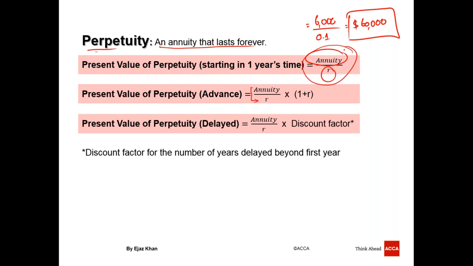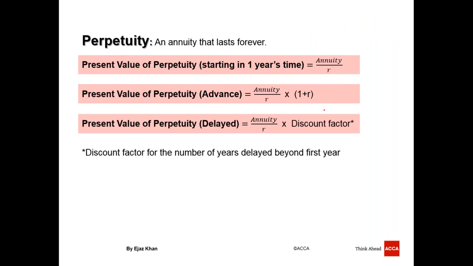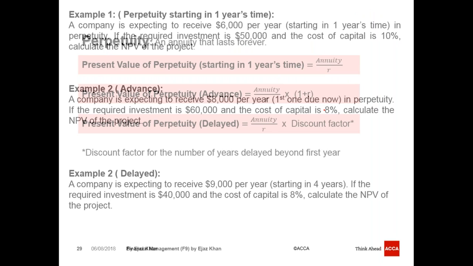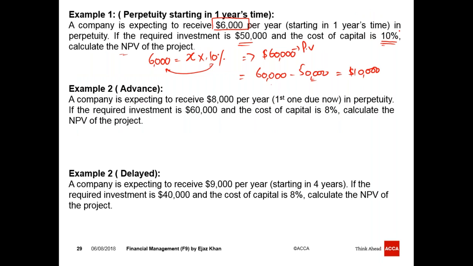But if it's an advanced annuity, then you'll have to do the same thing which we did in case of advanced annuity. So in case of advanced perpetuity, you just need to multiply this fraction by 1 plus r. Okay. Just quickly solve the second example. It's for the advanced annuity.